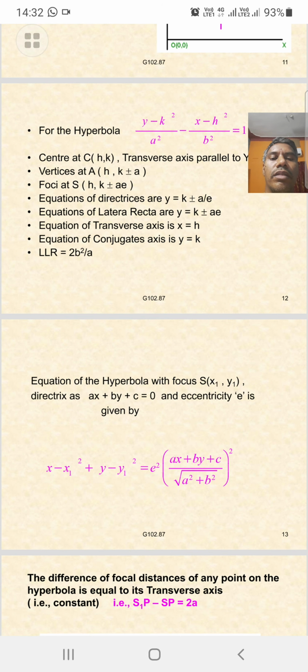When focus, directrix and eccentricity are given, the equation of the hyperbola is x minus x1 whole square plus y minus y1 whole square equals e square into ax plus by plus c by under root of a square plus b square, whole square.